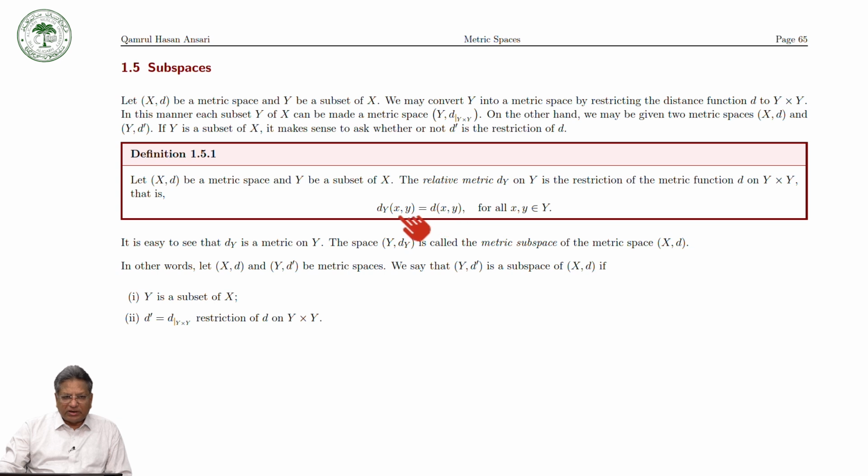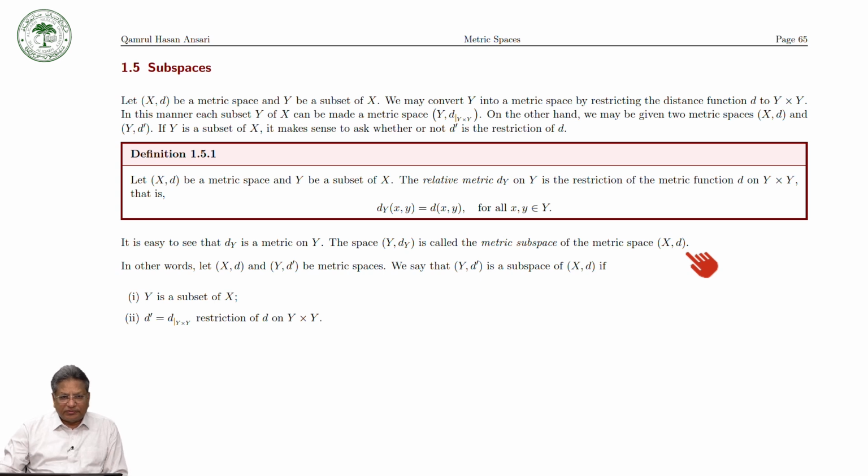Therefore, because d is a metric, we can easily prove that d_Y is also a metric on Y. So the space Y with this metric d_Y is called a metric subspace of the metric space (X, d).